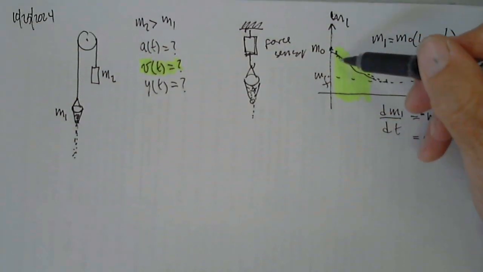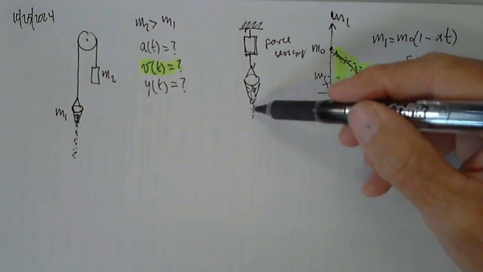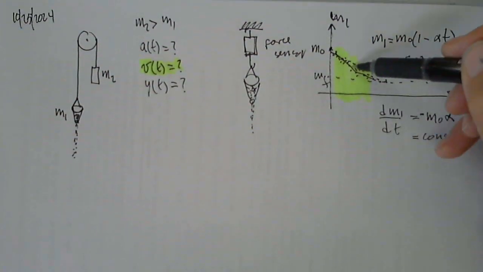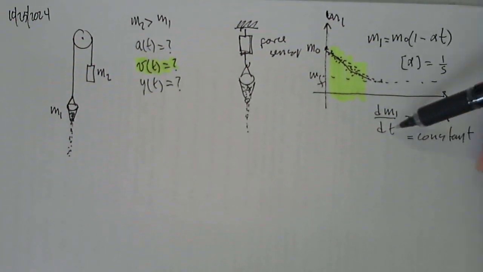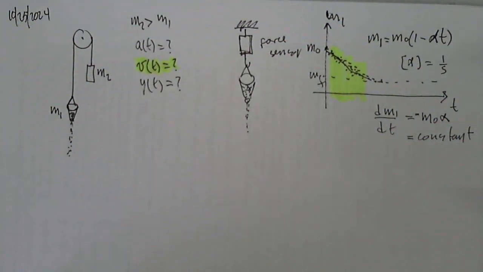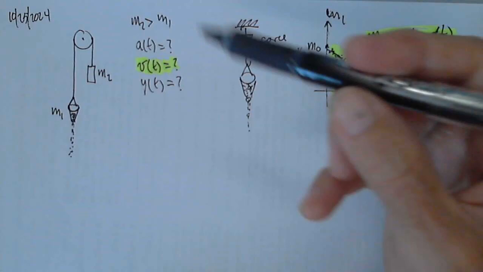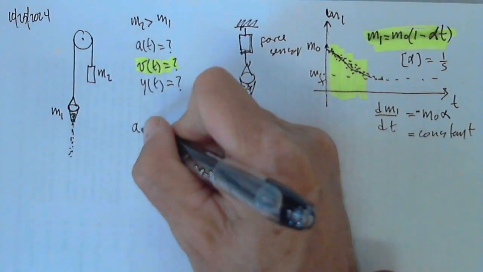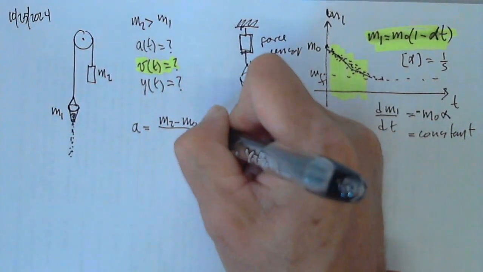When we did the measurements of how the sand is released from the cone, it is a linear function, so alpha is the rate. M naught times alpha is how much mass the cone is losing per second. So the acceleration of M1 is supposed to be faster than in the Atwood machine case.